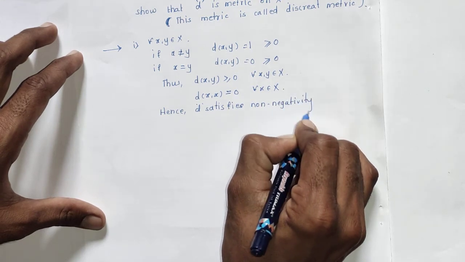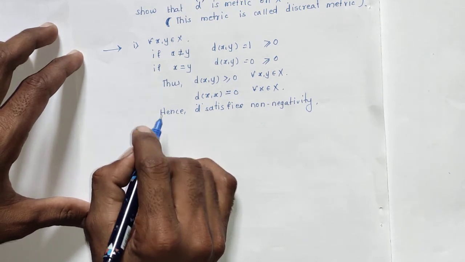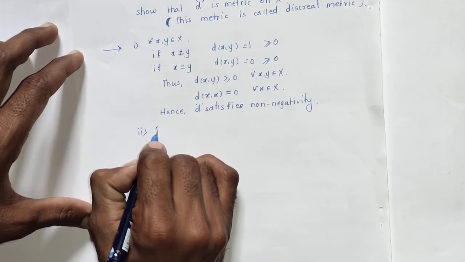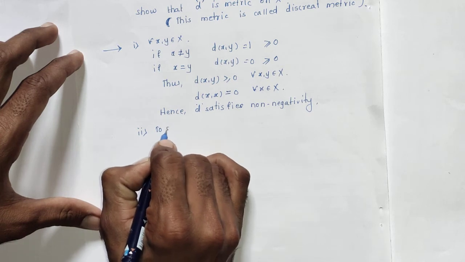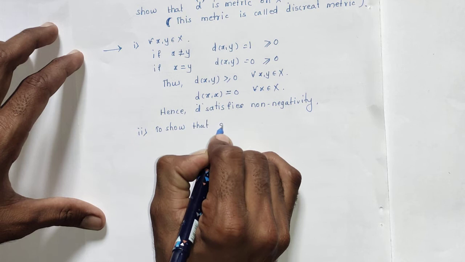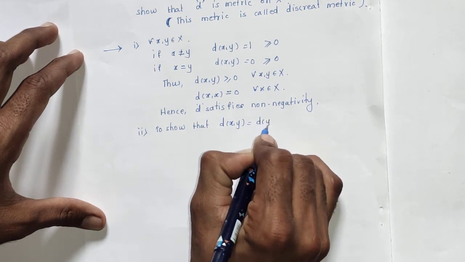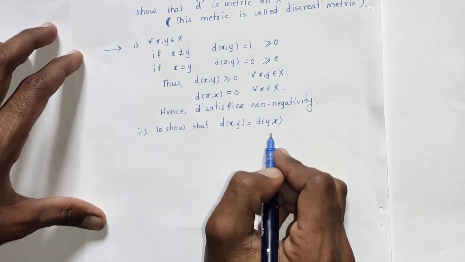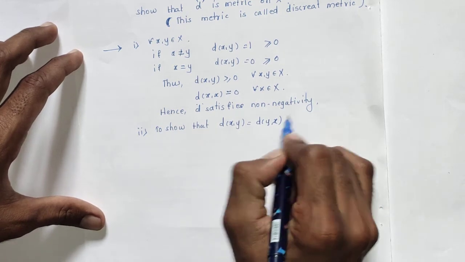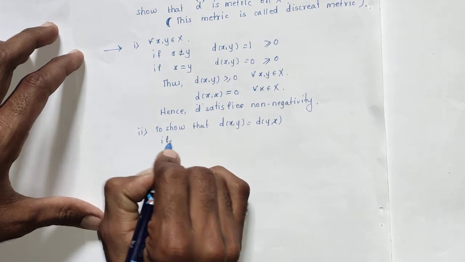Now, the second property is the symmetric axiom. In the second property, we have to show that distance of xy is equal to distance of yx for all x, y belongs to X. Now here we have two conditions.